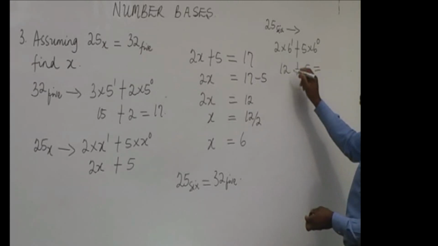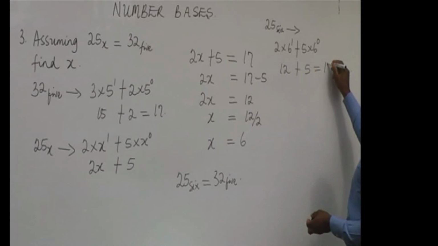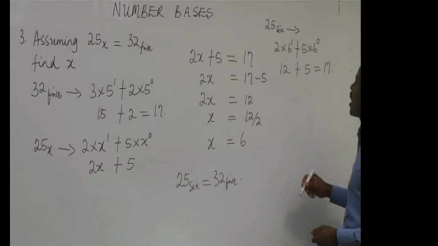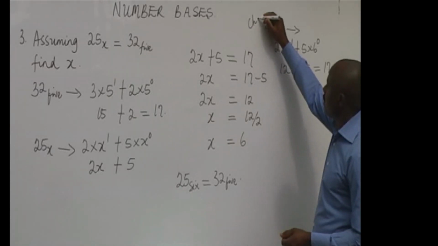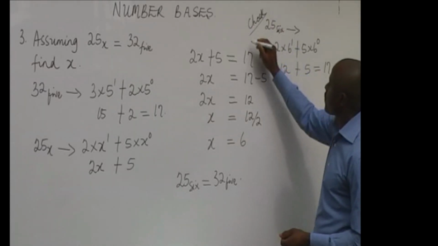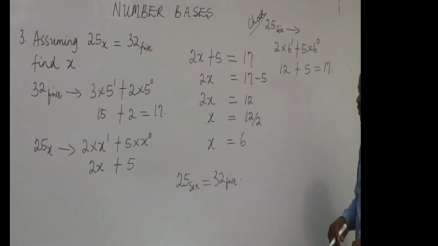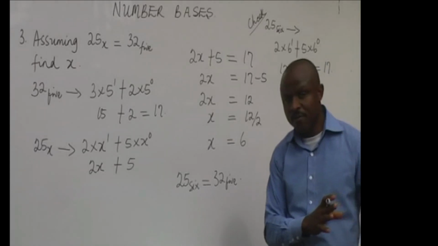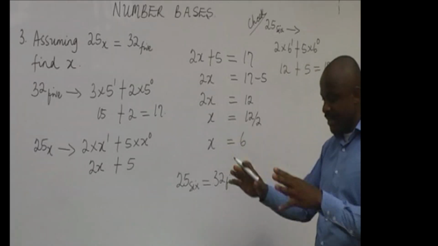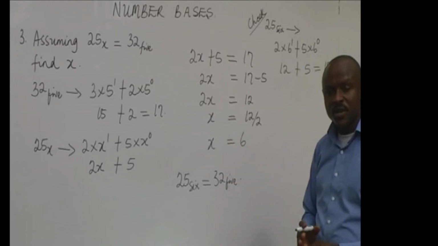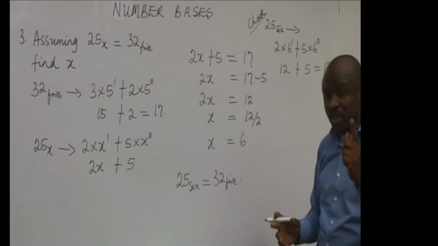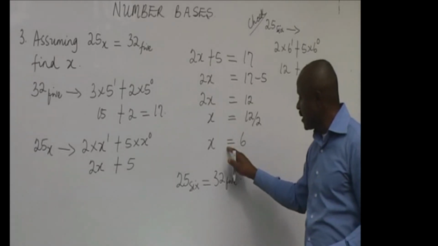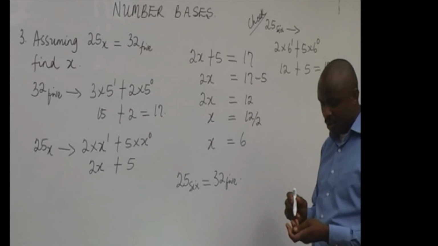You can see that 12 plus 5 is 17. That means you were correct. Remember, we just checked here. This is not part of the question, but you can do this kind of thing on a rough paper outside your examination answer sheet to check if what you calculated for the value of x is correct.